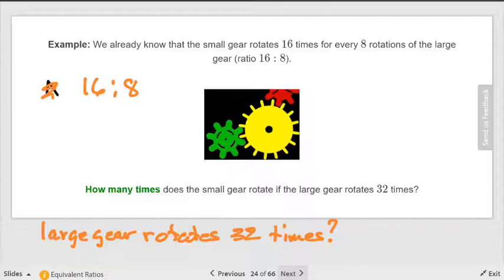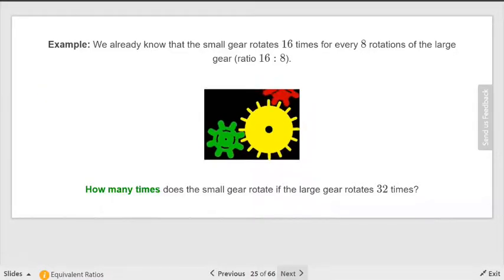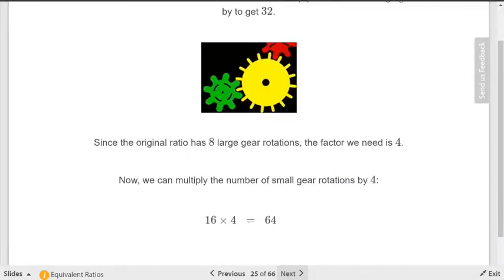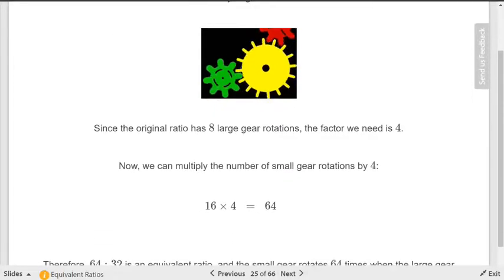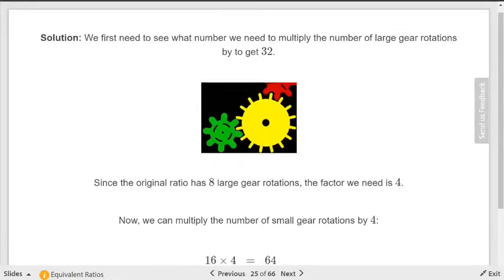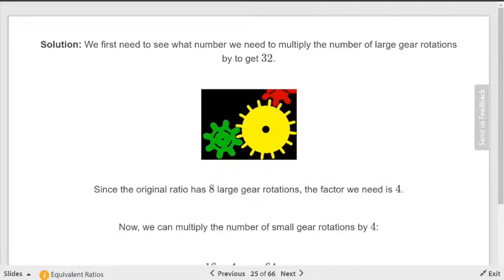Okay? So what we're going to do is simply multiply, but we have to keep the ratio the same. So first, we need to see what number we need to multiply the large number of gear rotations by to get 32. Okay? Since the original ratio, the 8 has 8 large gear rotations.